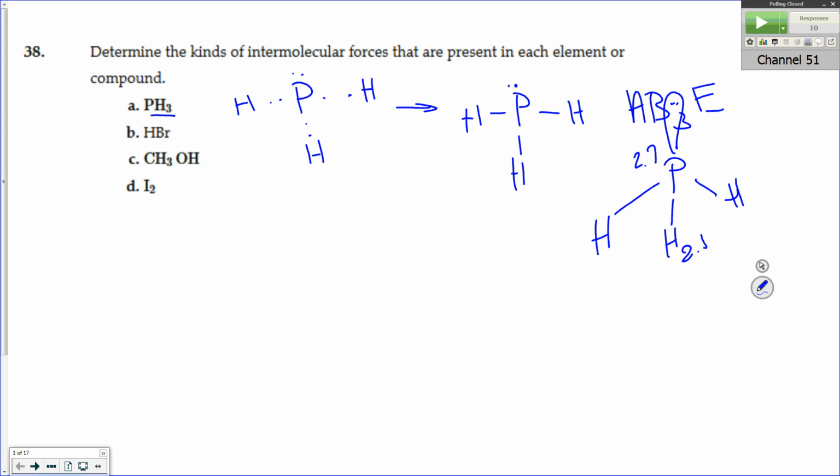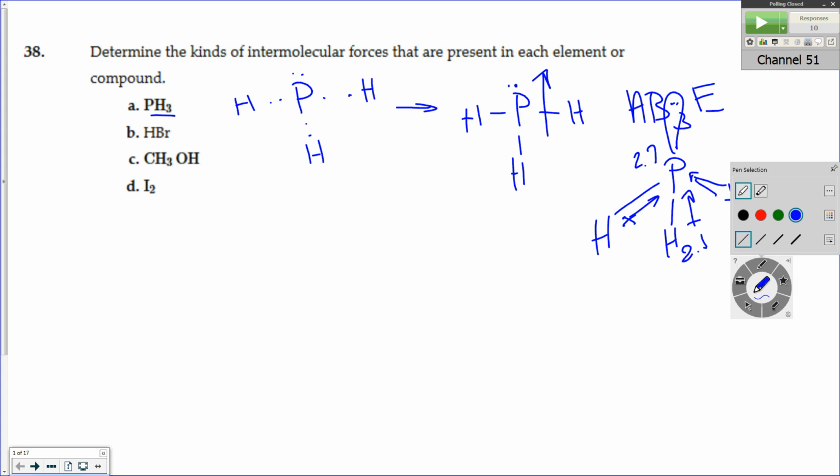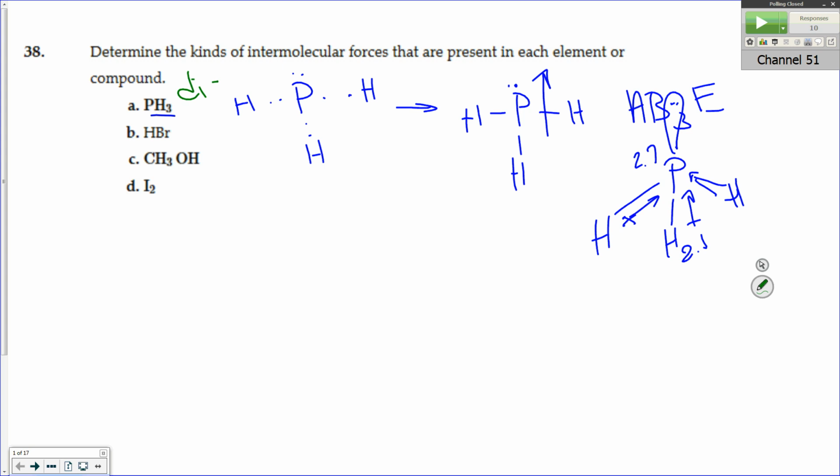So that means that there's a pull in electronegativity in the inward direction on these. That results in a net moment in the up direction, away from the hydrogens. So that means that it's a slightly polar compound. It's not symmetric, so it's going to have dispersion forces. Everything's got dispersion forces. So dispersion forces plus dipole.